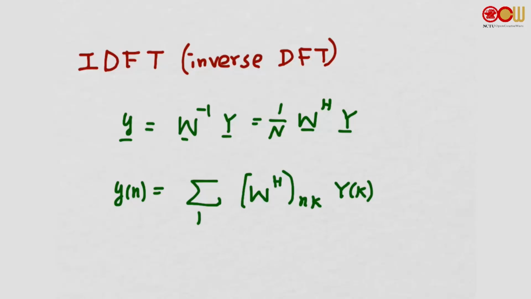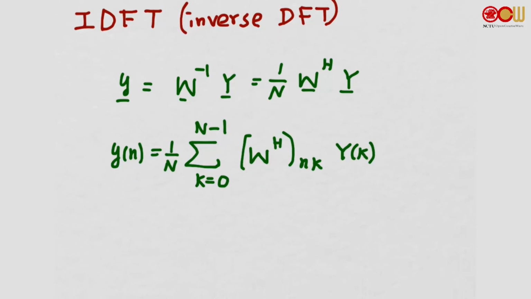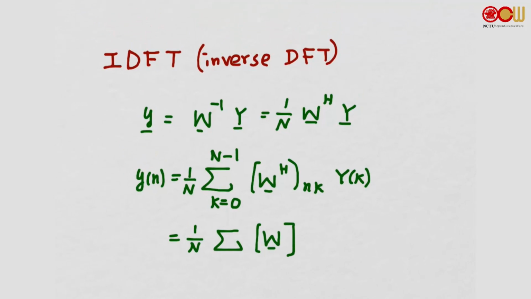K goes from 0 to n minus 1, and let's not forget the 1 over n scalar. Because W Hermitian is the conjugate and transpose of W, it will be the W matrix kn element with a conjugate, times yk, k from 0 to n minus 1.